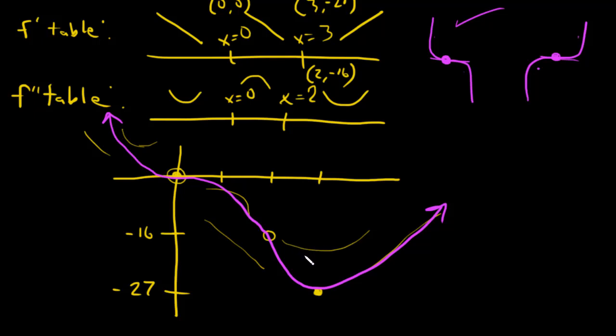But you can already see this would have been impossible to graph without the second derivative, the f double prime test. So that's why we have to have it. When you get a more complicated function, you're going to wind up with things that require at least the second derivative to graph. Alrighty? So that is everything for the initial jump into this section.